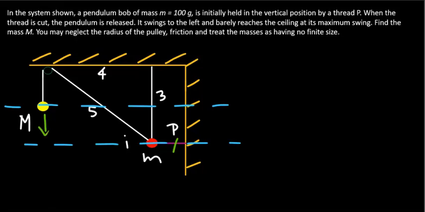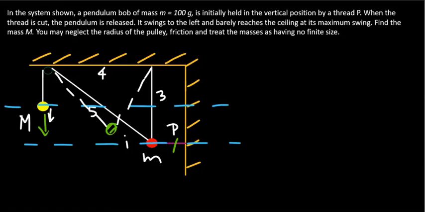So for example, if the little m mass is, let's say, here, the thread that is connecting it to the ceiling will be like that, and that string would hold it like that, and this M, the capital M, would have gone down a little bit, downward.